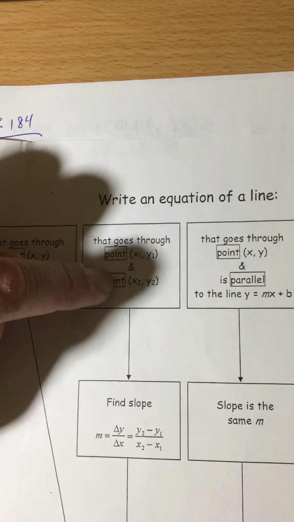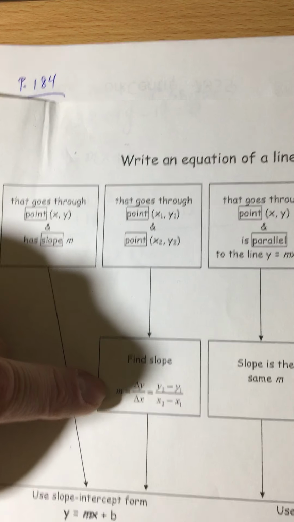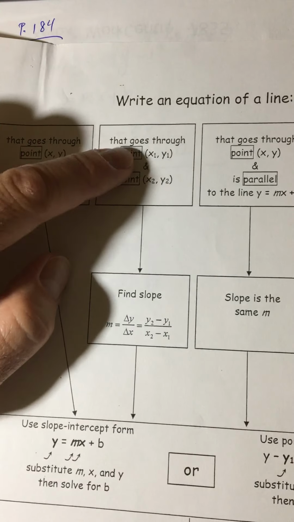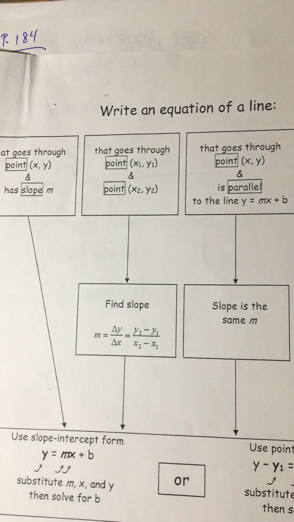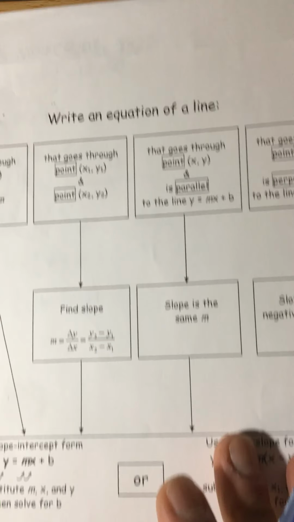If you're given 2 points, then the first thing you want to do is find the slope, and then once you have the slope, you pick one of these points given. It doesn't matter which one. And you plug it in here or in here to get the equation.